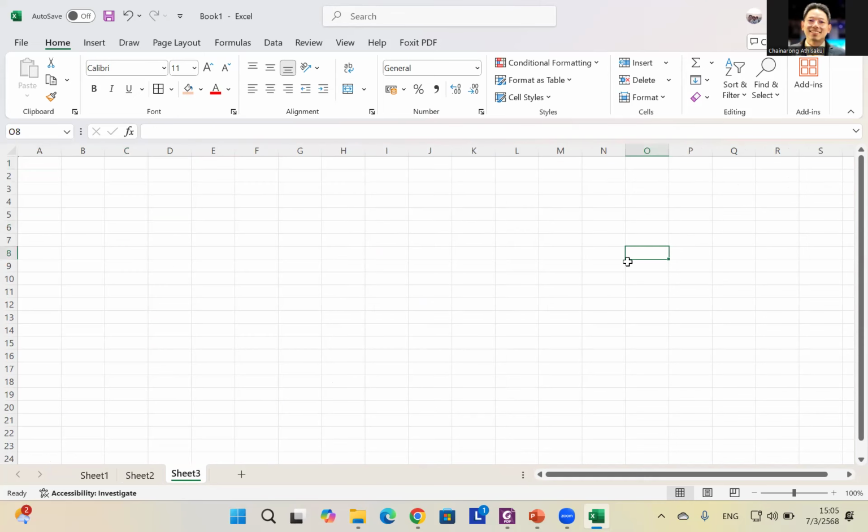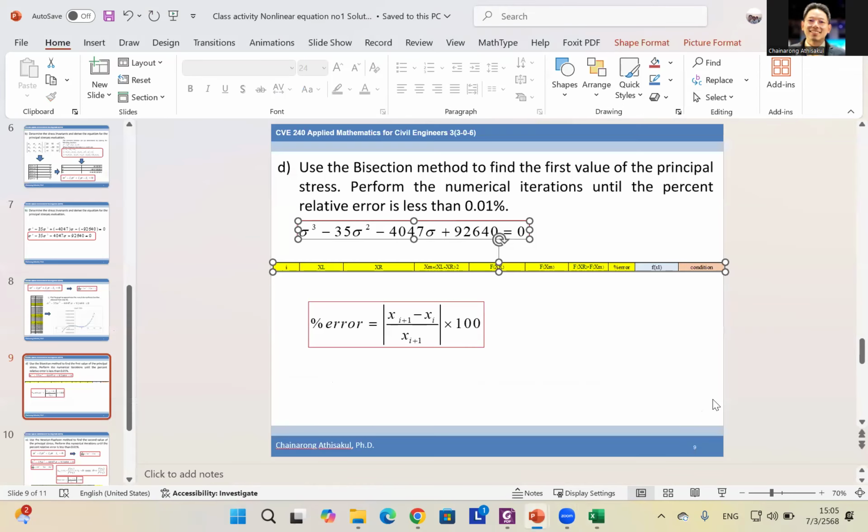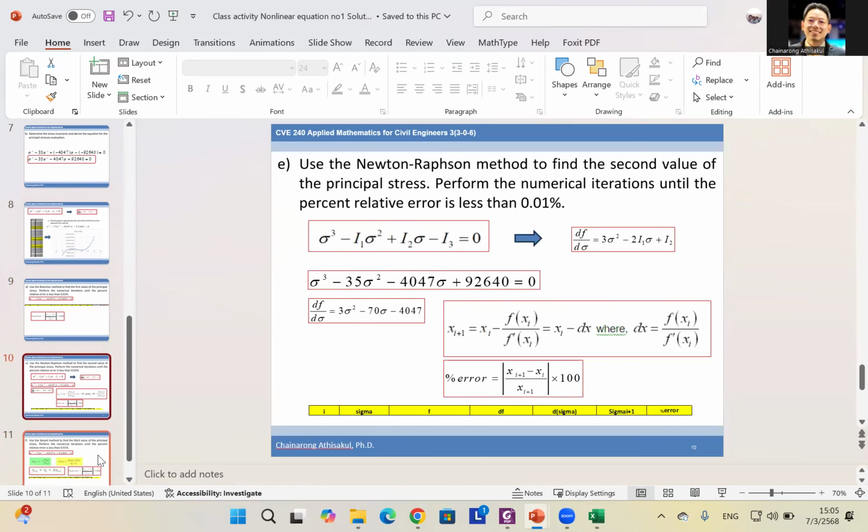That is maybe the Newton-Raphson. Okay. So for the Newton-Raphson method, we have to take the first derivative of the function, right? For this function, we take the first derivative to be here. Okay. And we can determine the new one by this formula.